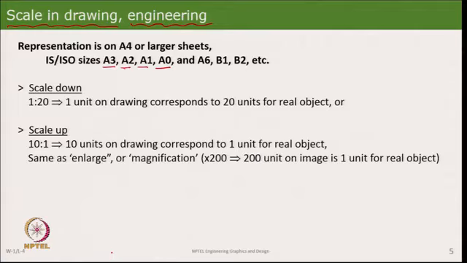Depending on what we want to show and the clarity that we want, it is our decision what sort of drawing sheet one should take to show the features that we are looking at. And then there are smaller sheets also, A5, which is half the size of A4. And then there are other sheets like B1, B2 sizes and so on.